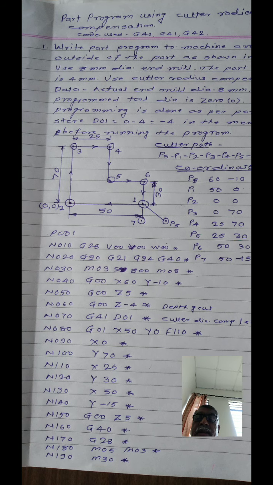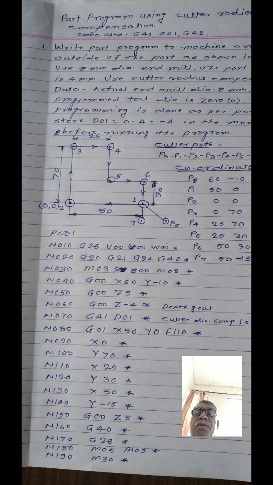Then before starting the actual operation, you have to use cutter compensation. There are two codes for cutter compensation, G41 and G42. When the direction of cut is in clockwise direction, in that case you have to use G41. And when the direction of cut is in counterclockwise direction, then you have to use the G42 code.